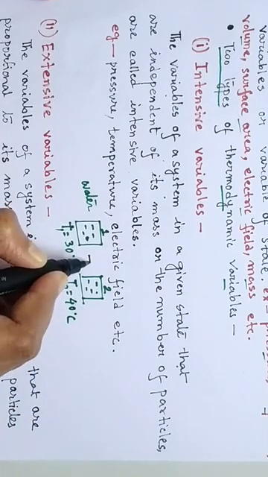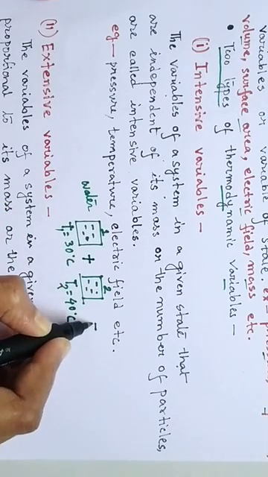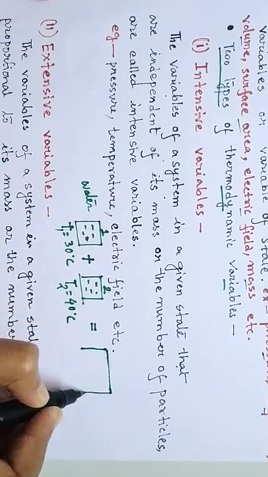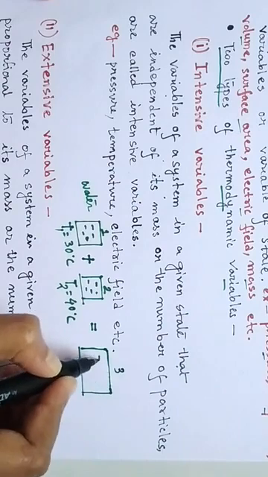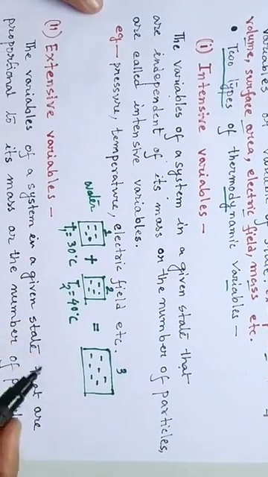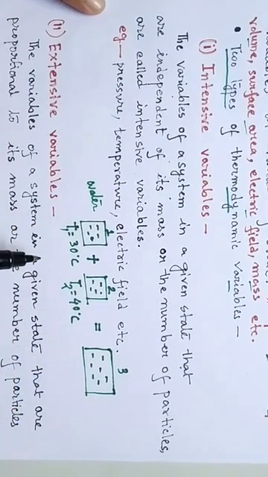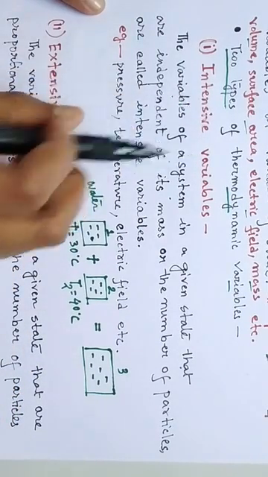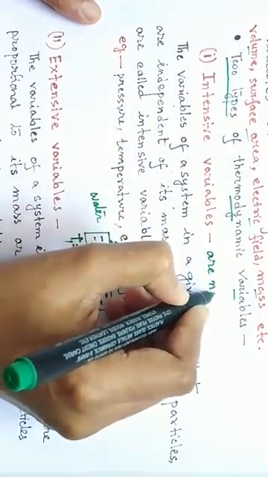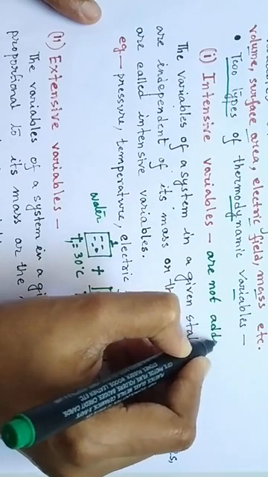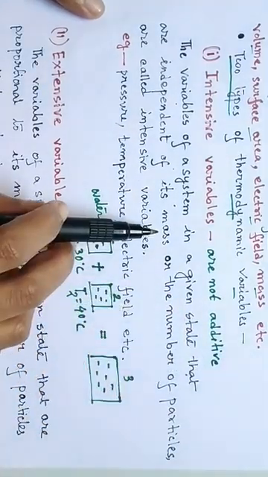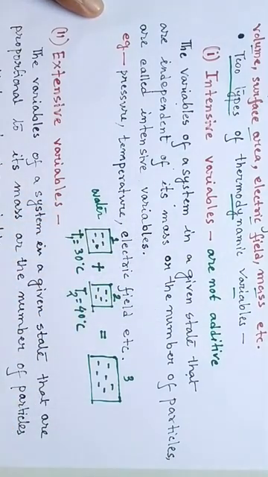Now if these two waters are added, then they will form a new, third system. Now temperature, being an intensive variable, is not additive.